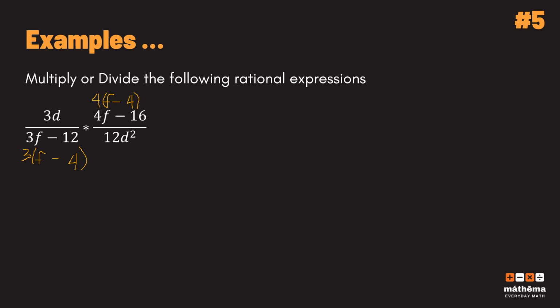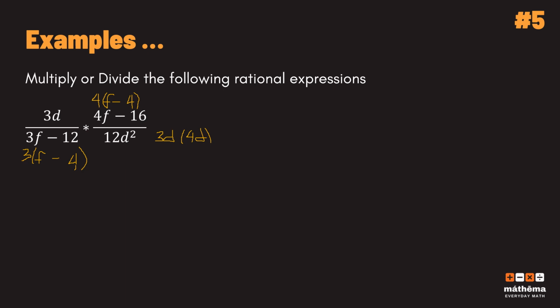And here, we can actually factor out 3d. So this is just equal to 3d times what? We have 4d, right? So you have 4 and we have d. So 3d times 4d is just 12d squared.